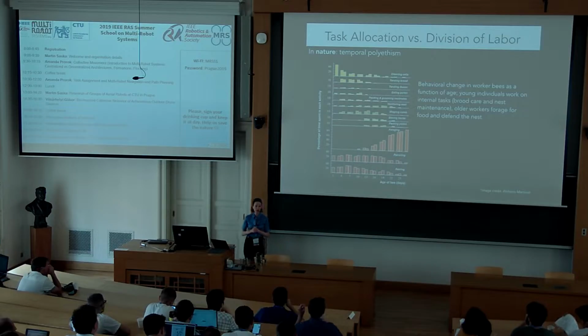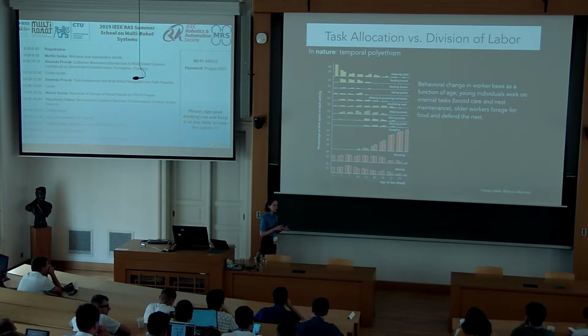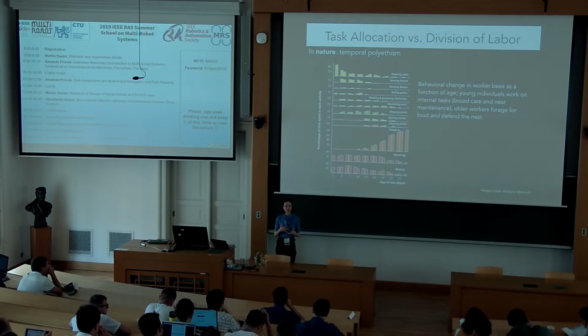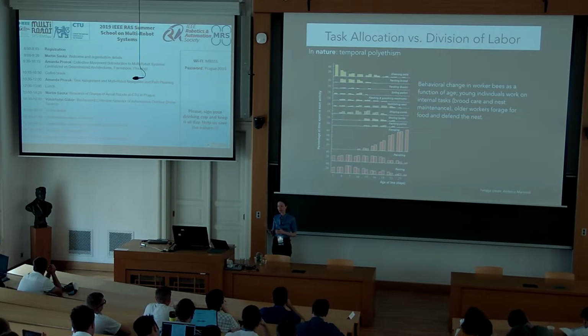So you can see how task assignment in nature not only corresponds to the physical morphology of the actual animals, but also perhaps maturity, so skills that they learn to do as time evolves within the organism's lifespan.